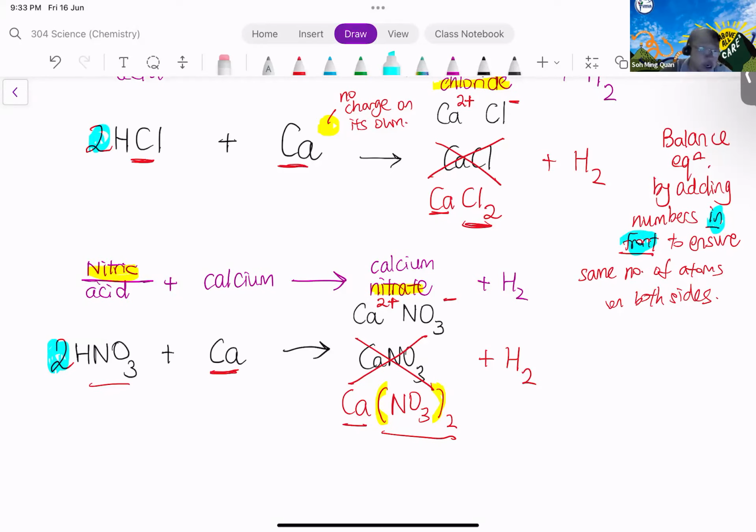As you can see, to write an equation is not difficult, provided you follow the steps. Steps meaning, do you know what is the reaction? Do you know what is the starting material? Do you know what's the product? And how do I write the formula of products? So be patient, ensure that you write out the charges as we have done, ensure that you cancel and balance the charges out carefully.